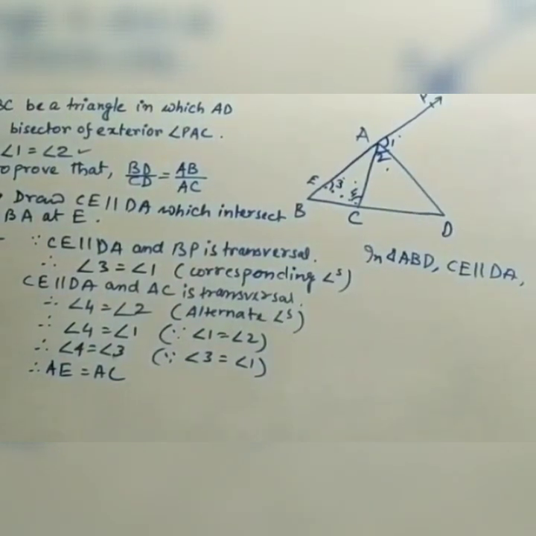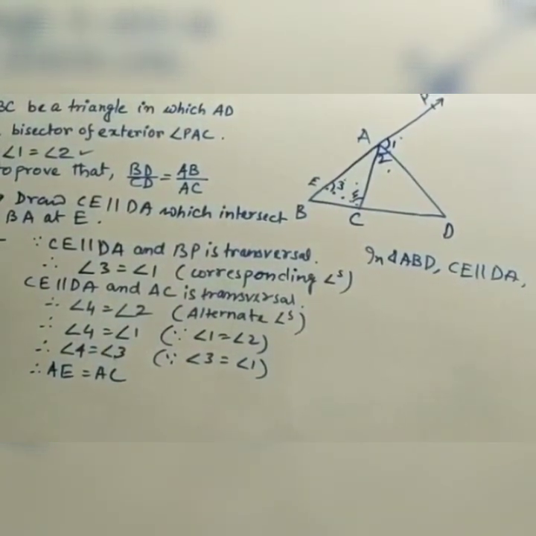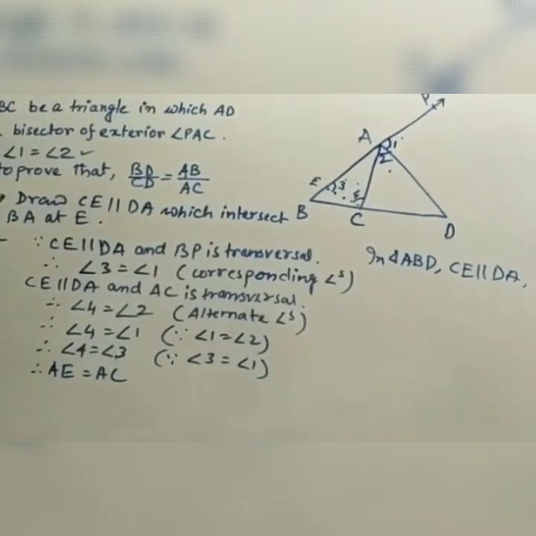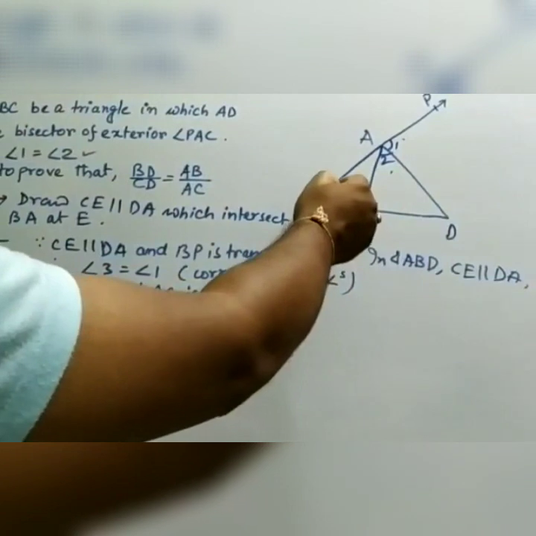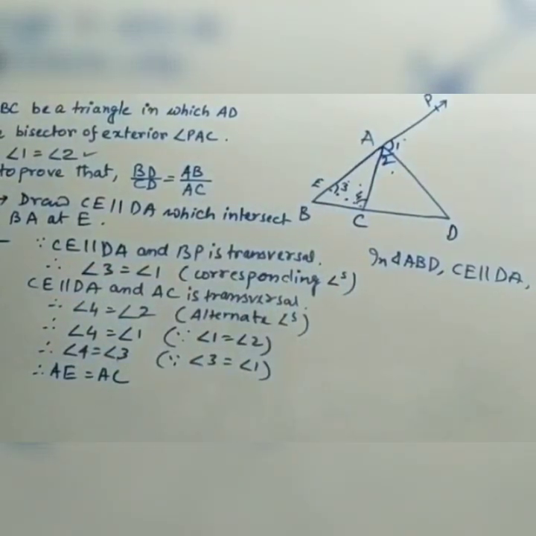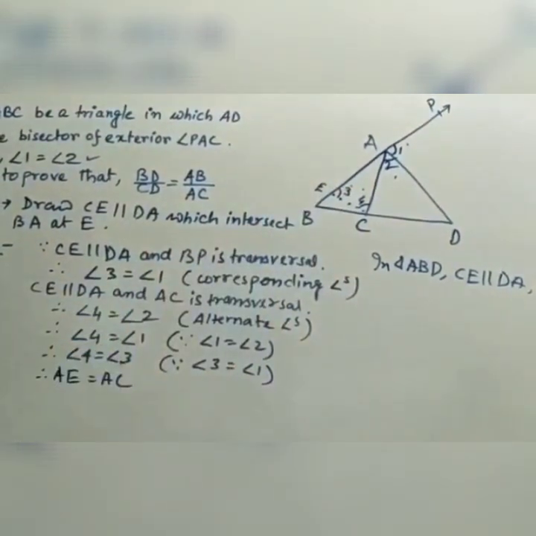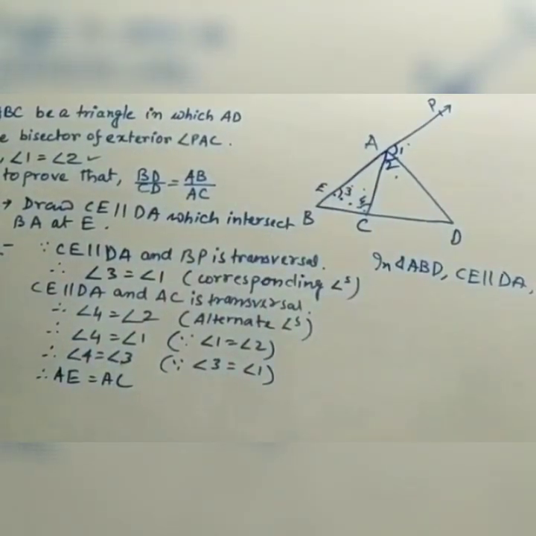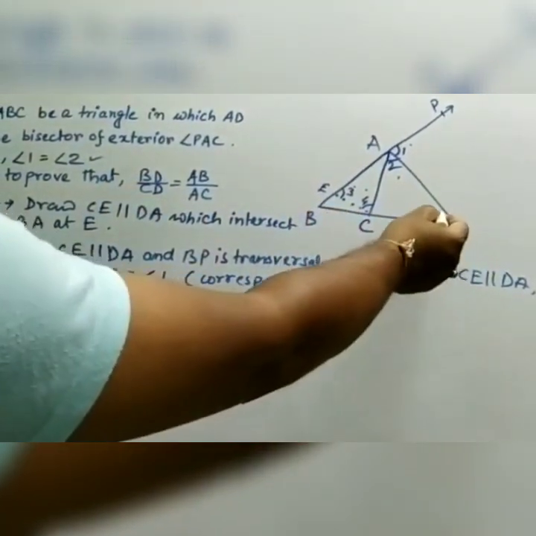As CE is parallel to DA, here we will use the corollary of BPT, because BPT says that BC by CD is equal to BE by AE, but we will take it like that. We are taking the whole part, so the corollary of BPT will be used here, because we need to prove BD by CD, where BD is the whole side.